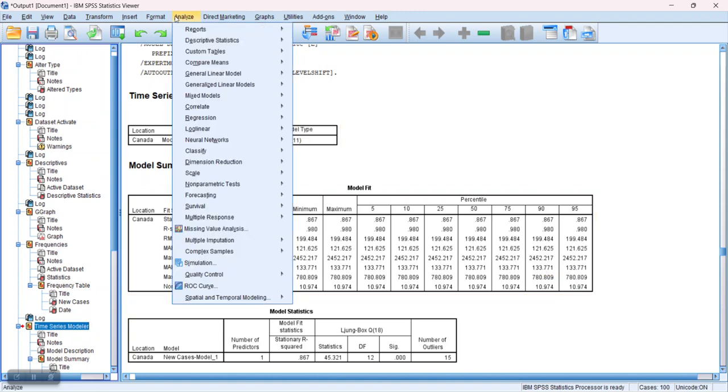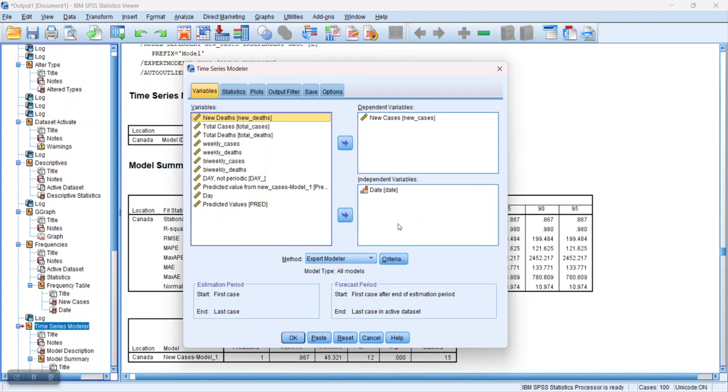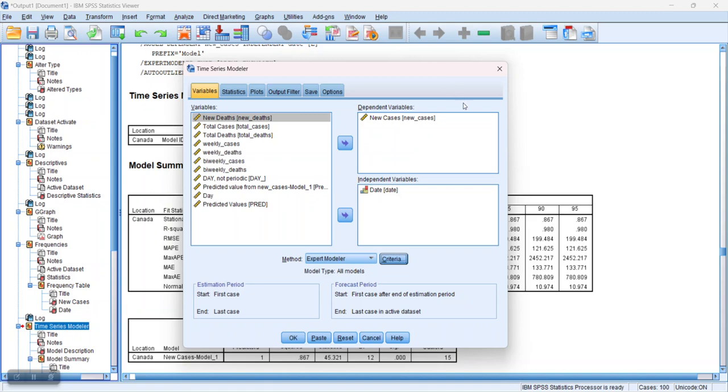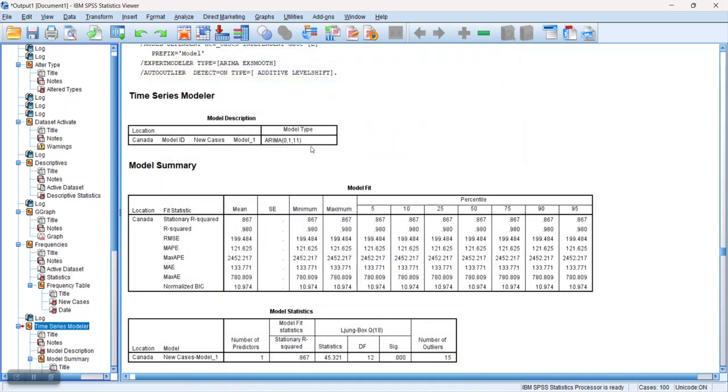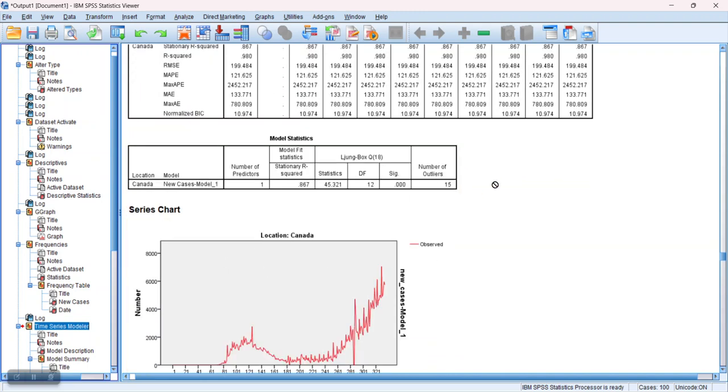Let's go to Analyze, Forecasting, Create Traditional Models, dependent, independent variables. The method should be Expert Modeler and criteria. Let's include outliers too. Continue and then OK. So this is the outcome: model description, model fit, model statistics, and series chart.